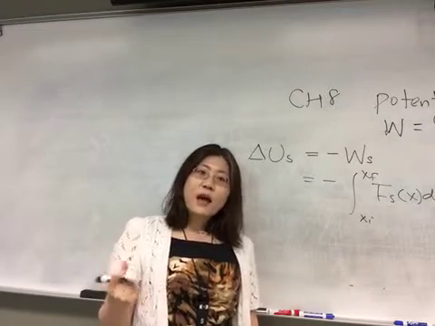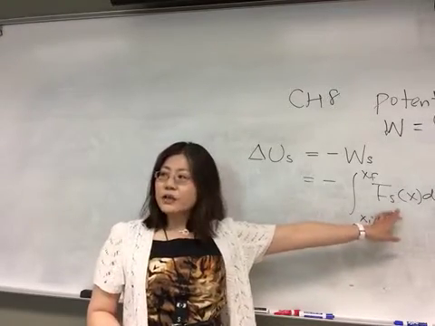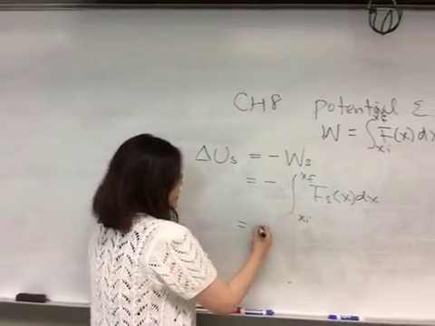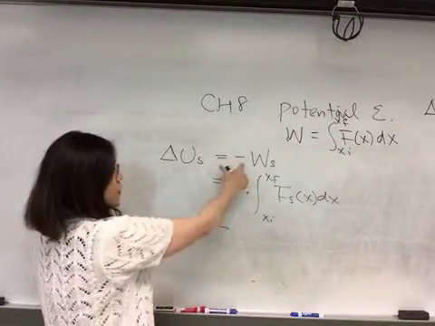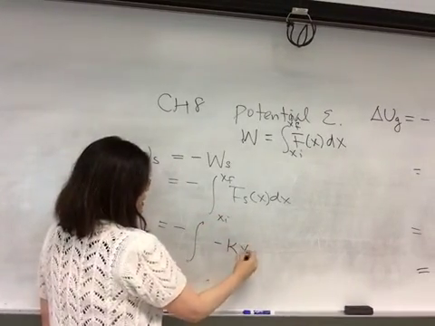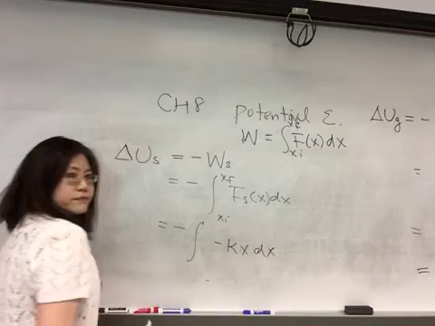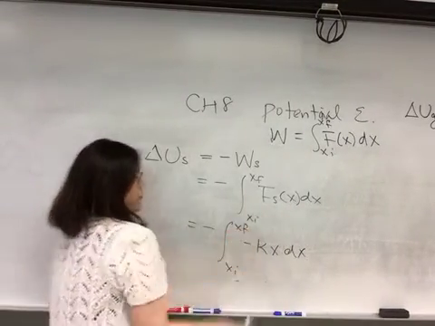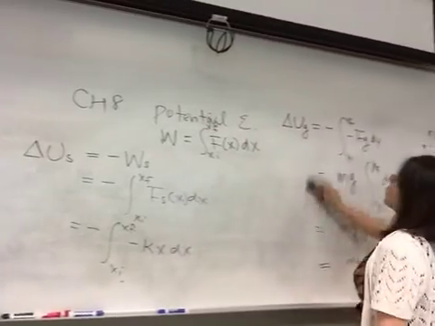Negative kx, right? Now the variable here is x. So we still have that negative here, and then your F is negative kx, dx, and the range is from xi to xf.